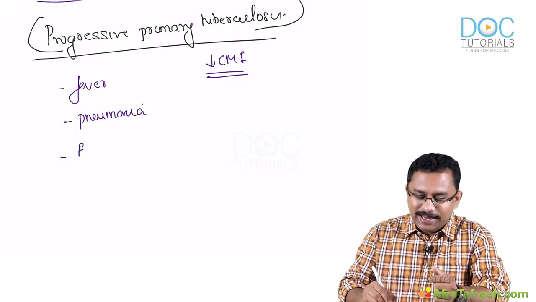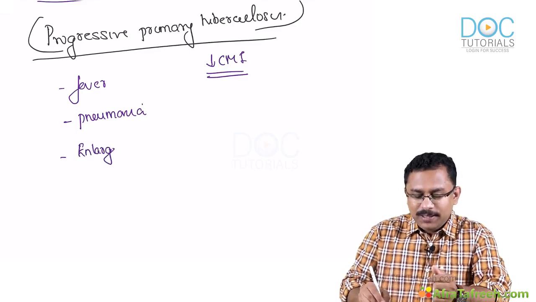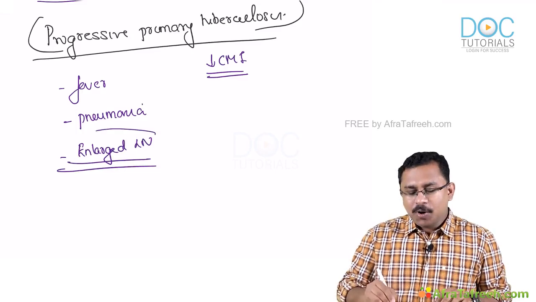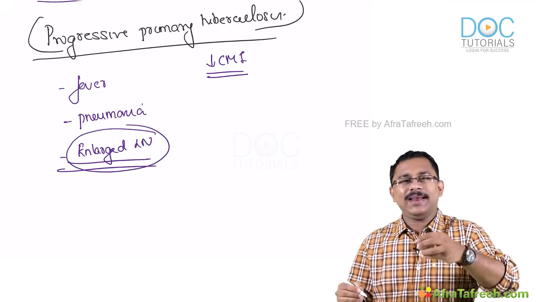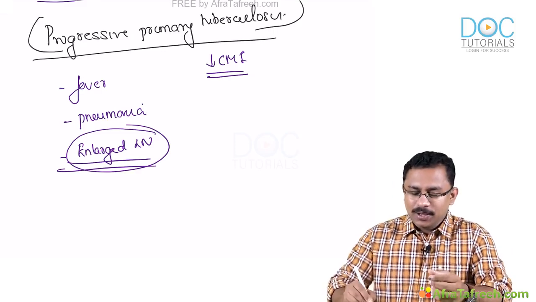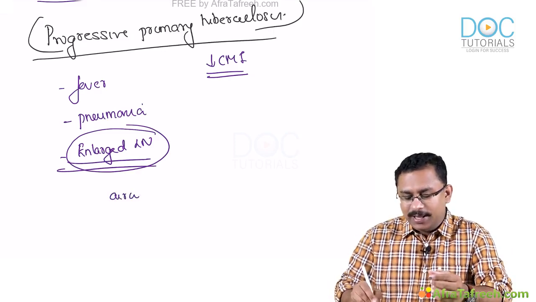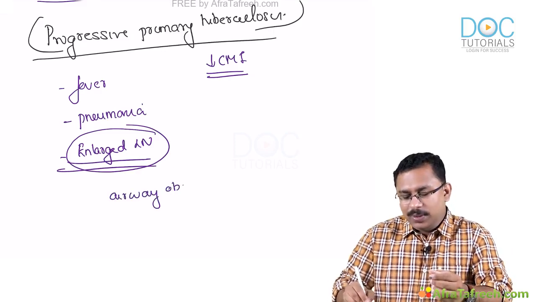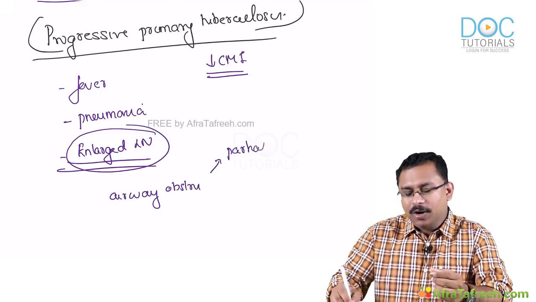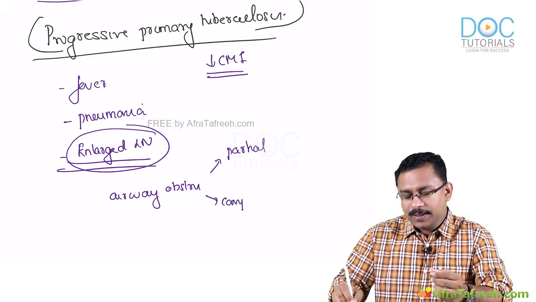So there is an enlarged hilar lymph node. This enlarged lymph node can cause an obstruction of some airway. So it can cause an airway obstruction, which may be either a partial obstruction or a complete obstruction.